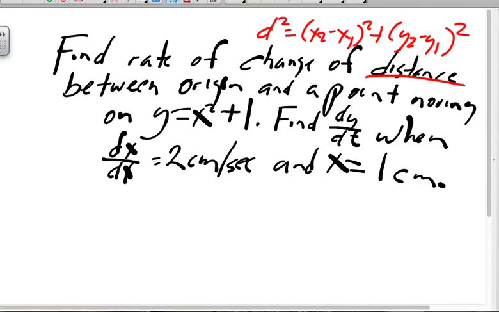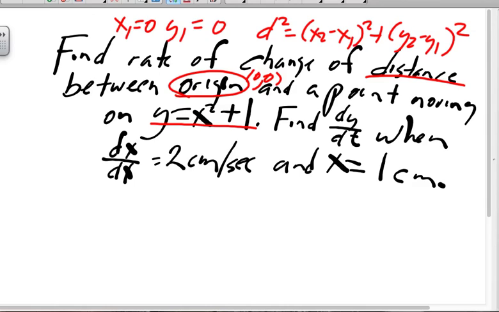Now it's moving along here between the origin, which is 0, 0. So what this tells me is x1 is 0, y1 equals 0. Well, that makes this really nice because then these are both 0. So we're just dealing with x squared plus y squared.